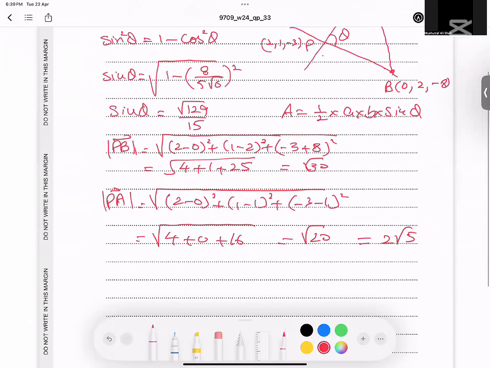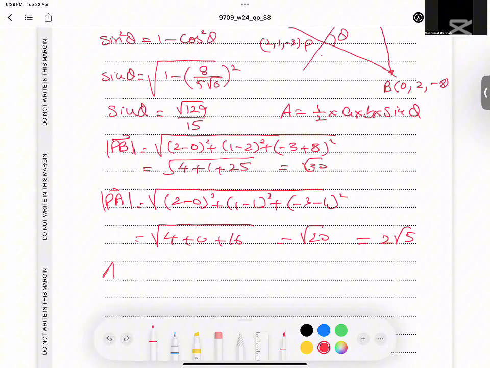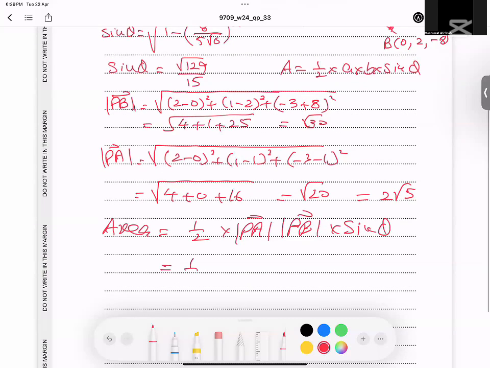So now I'm going to plug this in. The basic formula of the area of the triangle is half into PA length into PB length into sine of the angle between them. PA length I got just now, 2 root 5, and PB length I got root 30. And sine theta value I'm getting directly from there, which is root of 129 over 15.